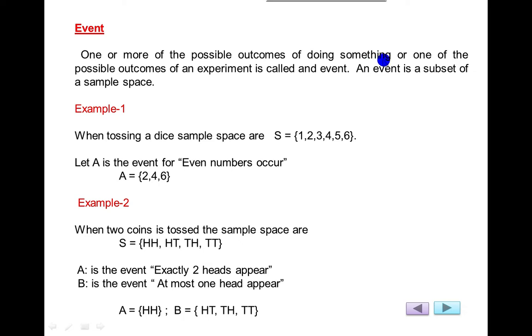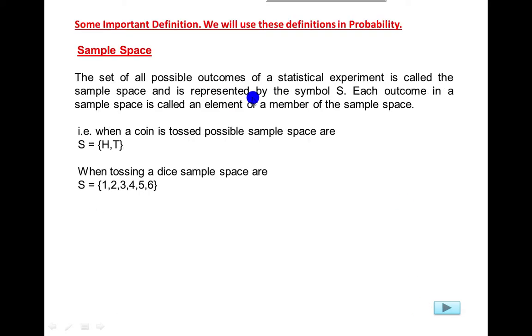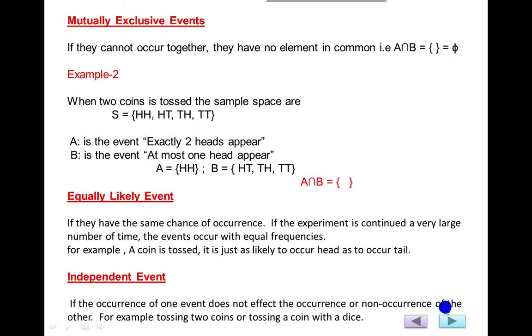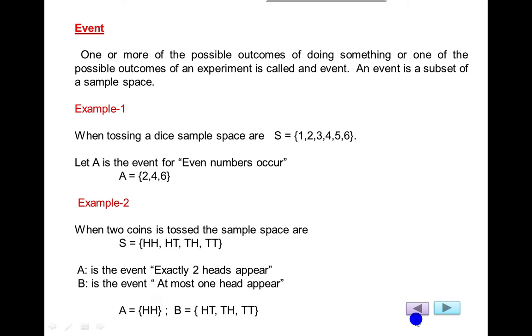In the sample space you have all, but in this one you have one or more of the possible outcomes of doing something according to the conditions, or one of the possible outcomes of an experiment. Same experiment. One of the possible outcomes of a statistical experiment is called an event. We will also use this word event in probability.